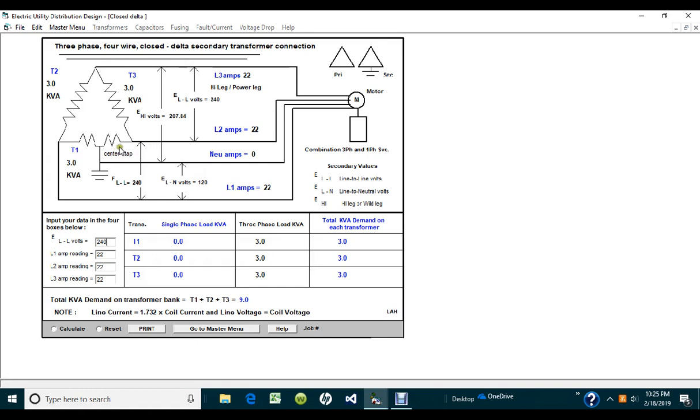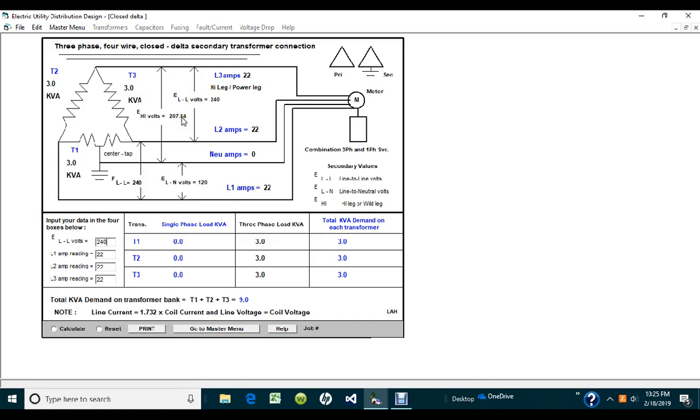But if I have 120 volts from here to here, and I also have 120 volts from here to here, so 120 volts across from hot line to a neutral, hot line to a neutral is what I have shown here. But if I go from this hot line to the neutral, it doesn't turn out to be 120 volts.